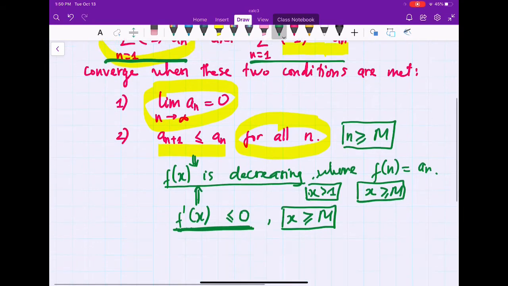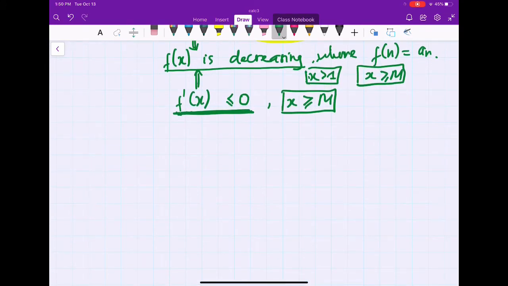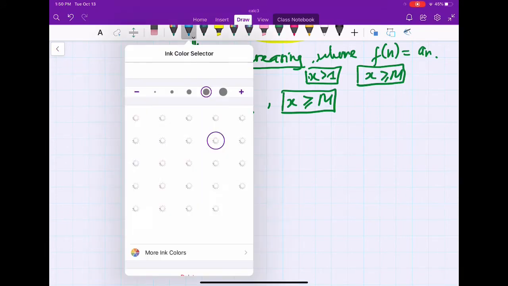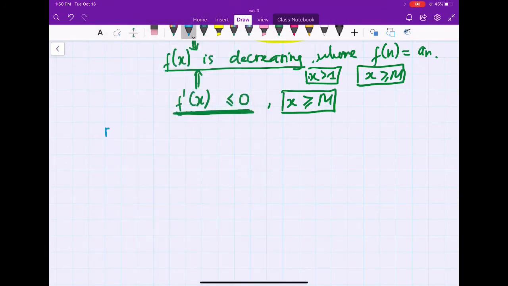Okay, so let's consider the following example. You have the series sum from n=1 to infinity of (-1)^n times 1/n.